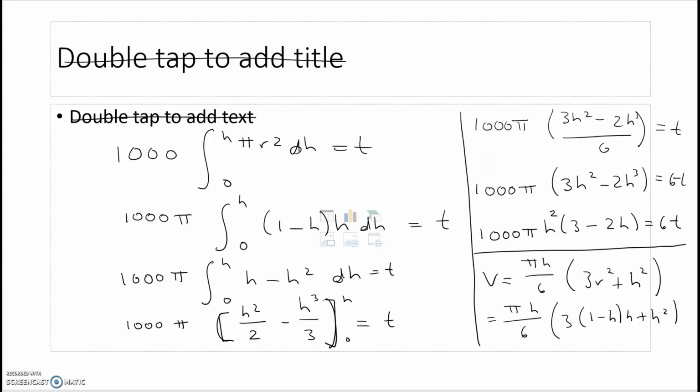And if you do the algebra, you get exactly the same answer. The 1000 won't be there, but that's fine, we can put it in. So it would be pi H over 6 times (3H minus 2H squared), and they'd need the 1000 in there as well. Okay.